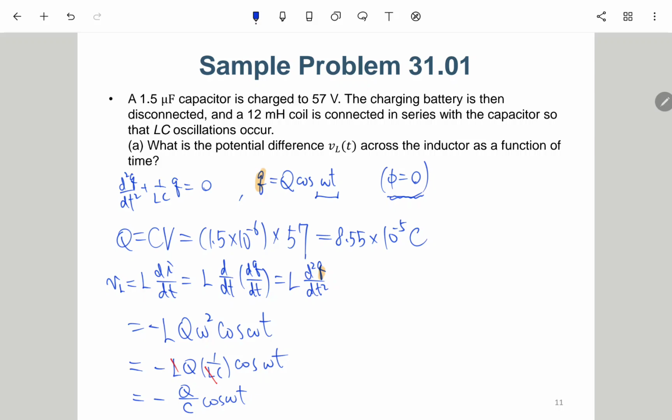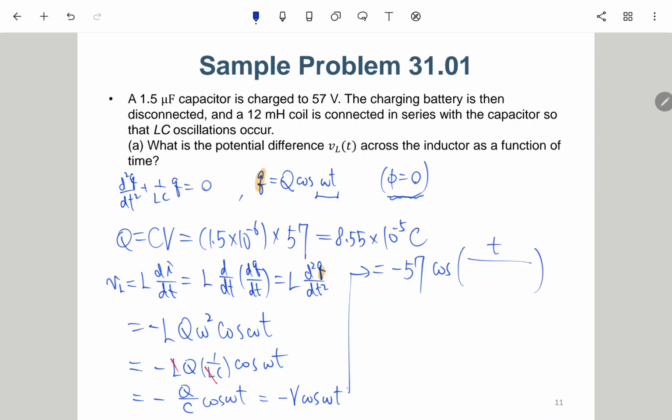And this Q over C is nothing but V. So it becomes negative V cosine omega t. So this is nothing but negative 57 volt, and then cosine omega. What is omega?